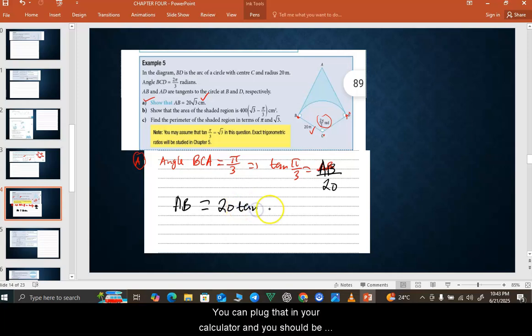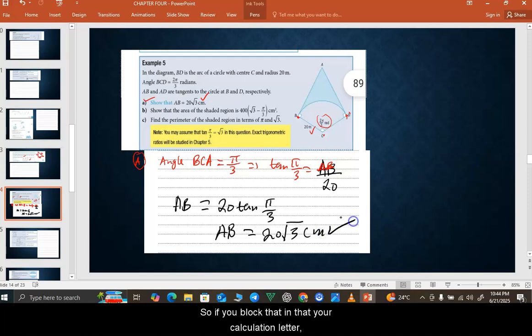You can plug that in your calculator and you should be able to get AB is equal to 20 root 3 centimeters as required. We were to show that it is 20 root 3. So if you plug that in your calculator, you should be able to get that.